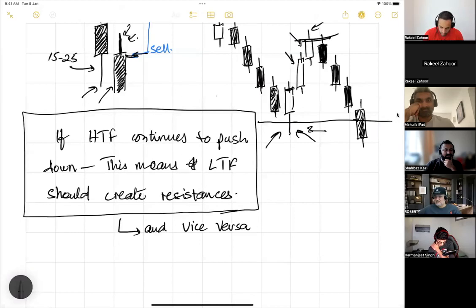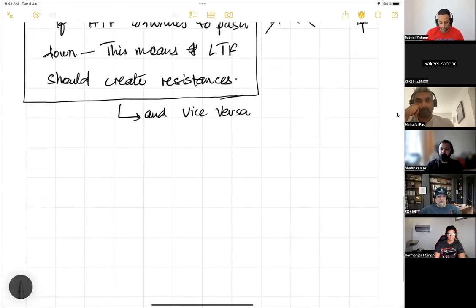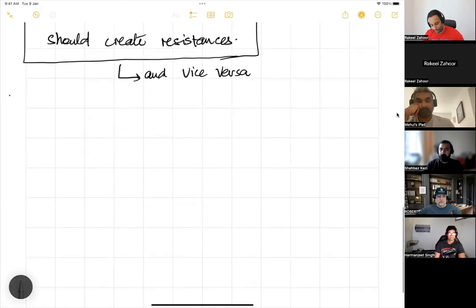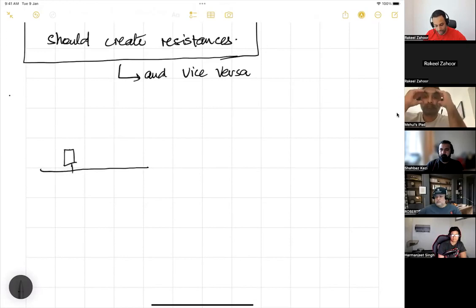But anyway, whenever you have a high time frame and it's continuing to push bullish on the lower time frames, you're always looking for supports to form. For example, let's say we have a major support formed, and you have a candle that's closing bullish, and now you're anticipating the next candle to continue up.